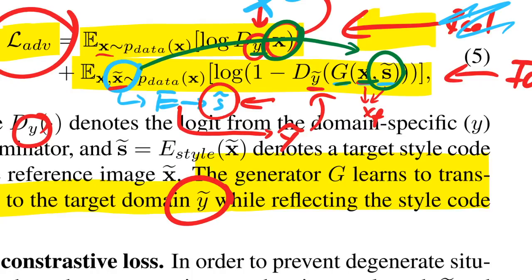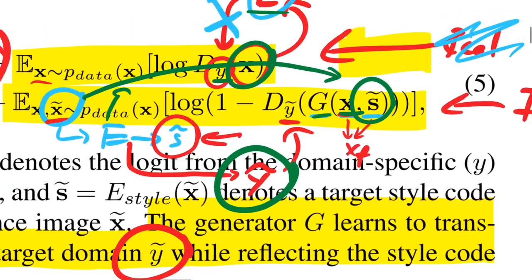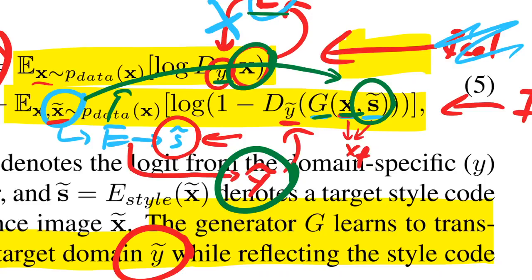We get the style from the encoder. And then the generator is supposed to make an image, and we feed that to the discriminator, and the discriminator discriminates, assuming it comes from class Y tilde. Now you see right here, the generator never has access to Y tilde.